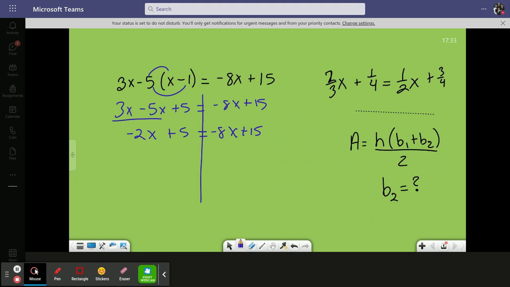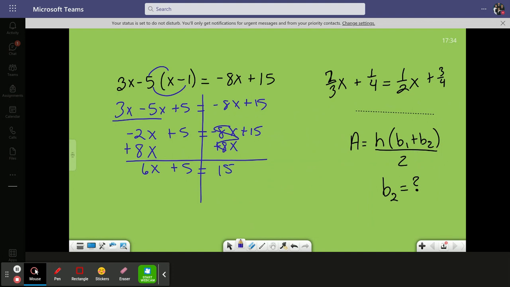They're on opposite sides, so I have to cancel it off of one side. It's still like terms, so I still have to put those x's together. Negative 2x plus 8x is going to give me a 6x plus 5 equals 15.